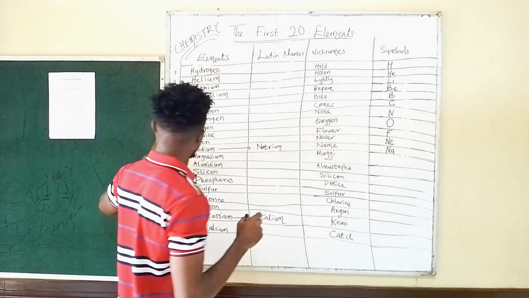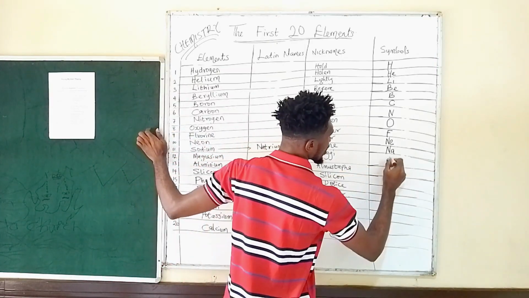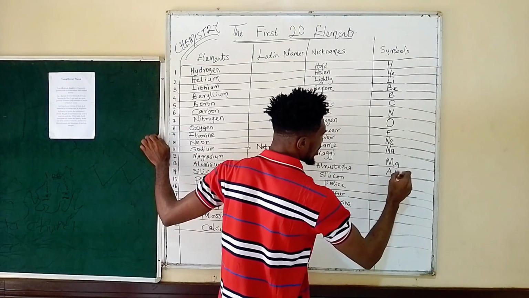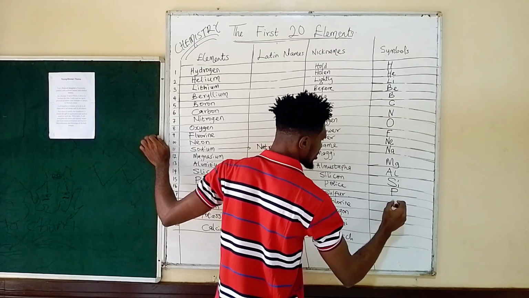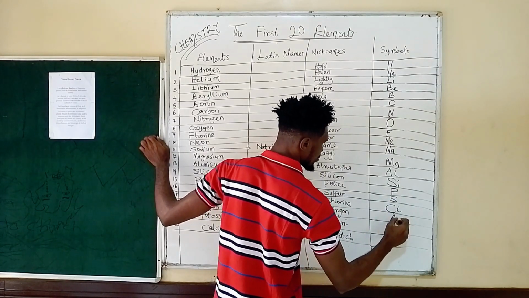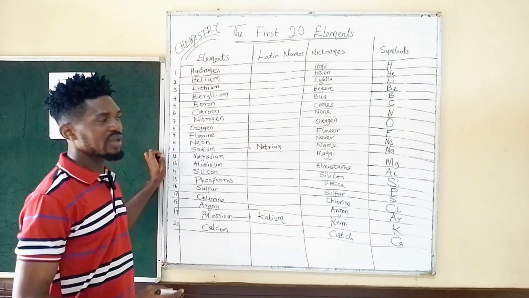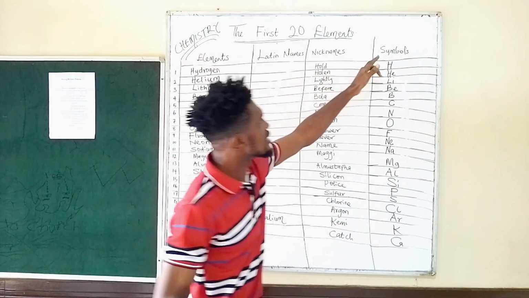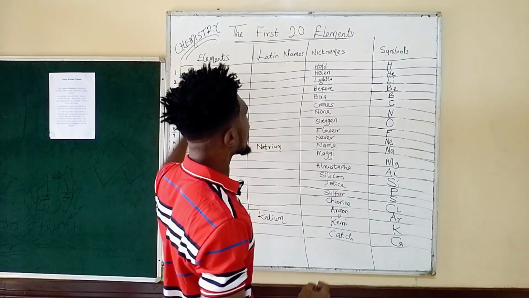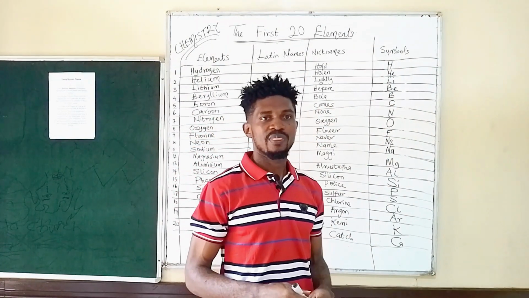Then we have magnesium, and calcium. Okay, these are the symbols, the representations of these elements here.